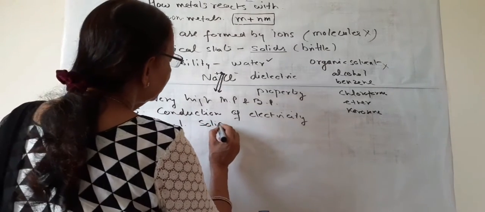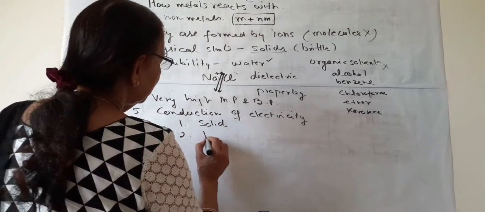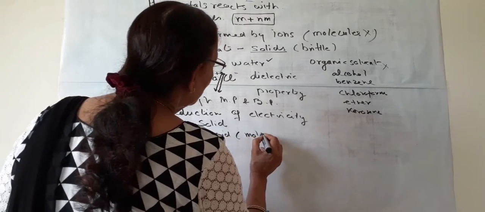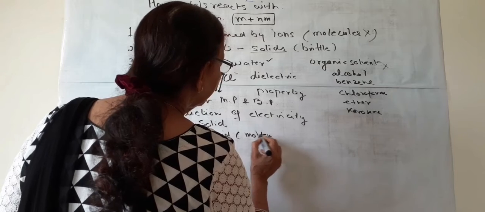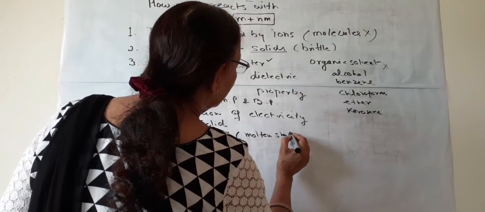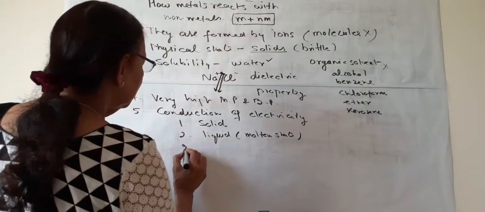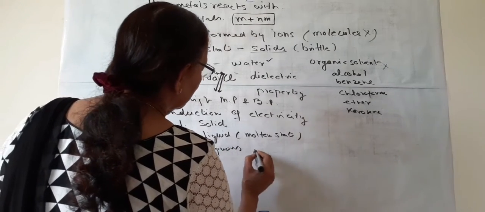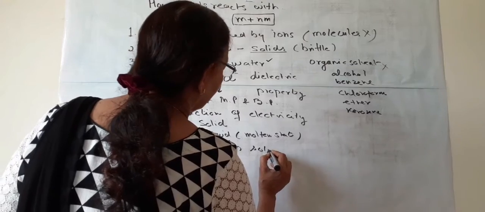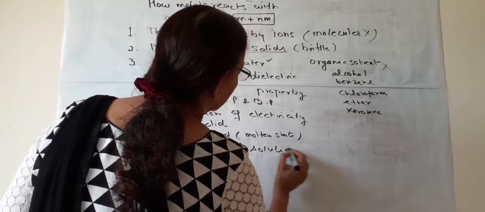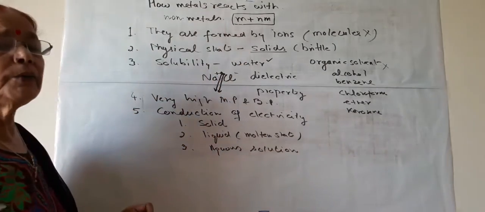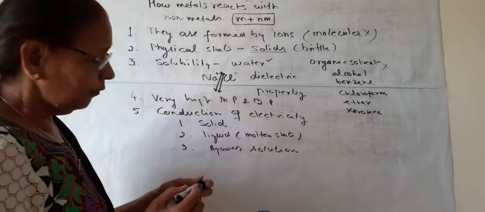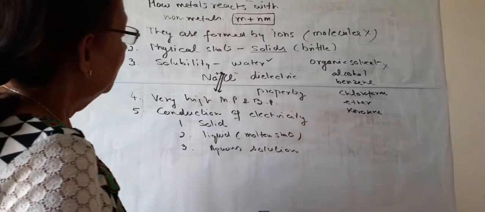One in solid state, second in liquid state, meaning when they are molten at high temperature, and third in aqueous solution. So we can have these ionic compounds, suppose sodium chloride or copper sulfate, in three forms.